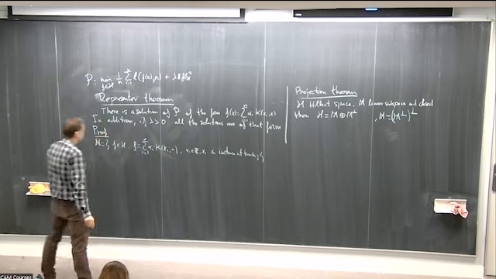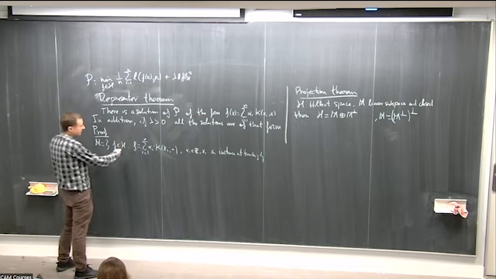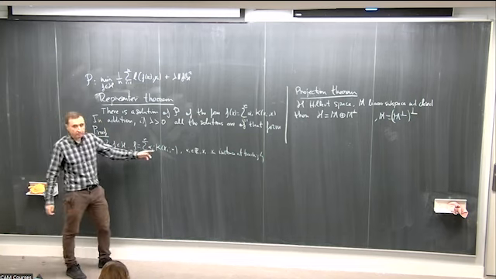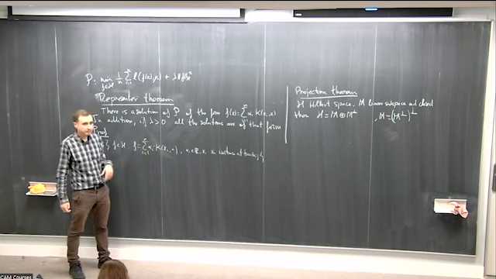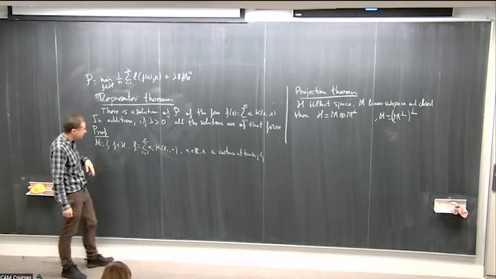So M is the set of functions in the Hilbert space that are linear combinations of sections of the training examples.